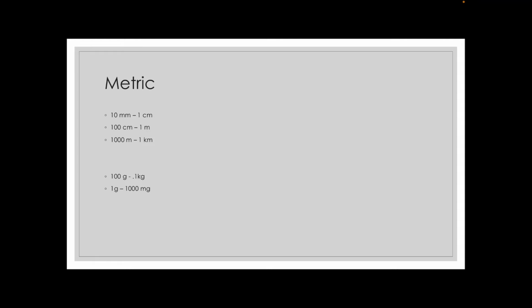The metric system is actually really quite easy once you get to learning it because it's all in units of 10. So 10 millimeters is a centimeter, 100 centimeters is a meter, 1,000 meters is a kilometer. So that's really, really easy for us to deal with. 100 grams is 0.1 kilograms. 1 gram is 1,000 milligrams.